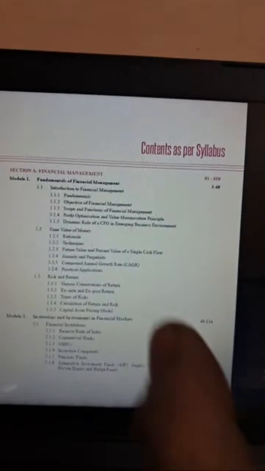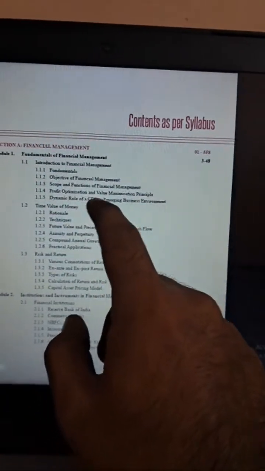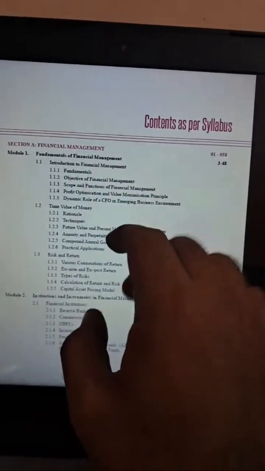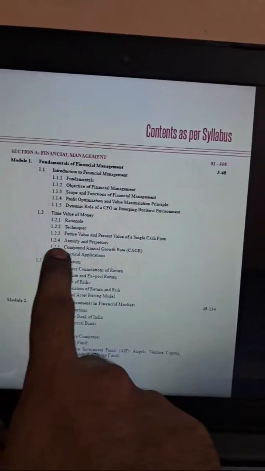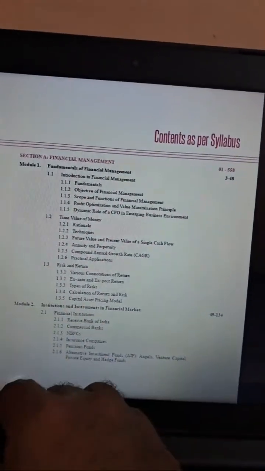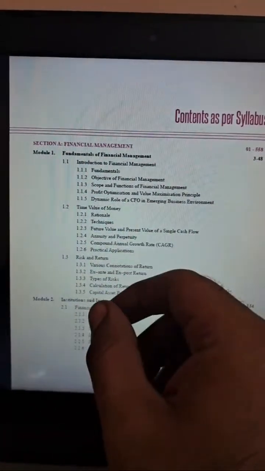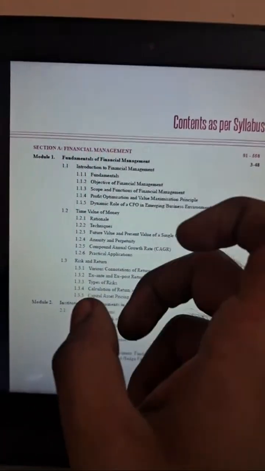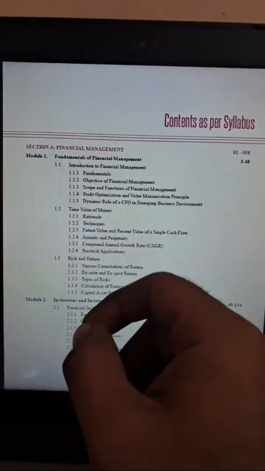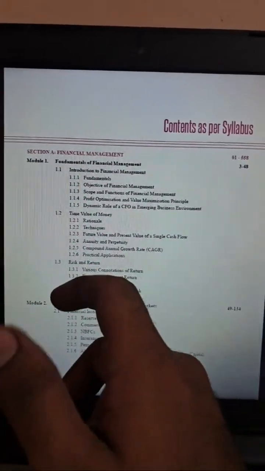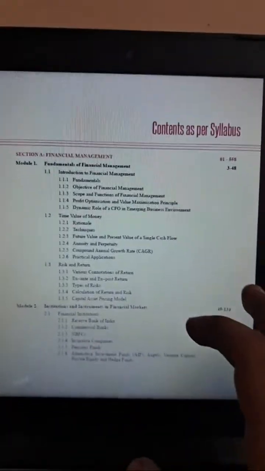The thing is that from here, the dynamic role of a CFO, Chief Financial Officer, in an emerging business environment, and the time value of money. The concept is that today's $100 is more valuable than the $100 you will be receiving in the future, as the value of money decays over time.